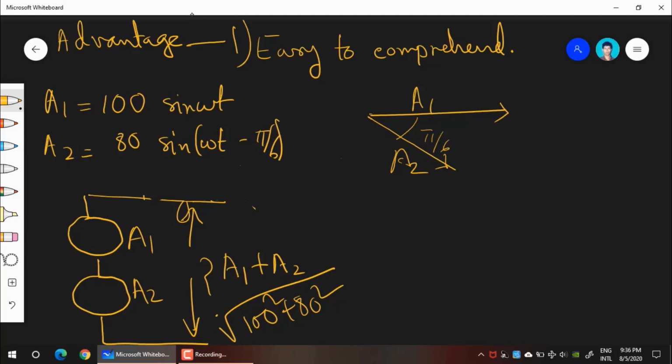As right now they are just like vectors, we can draw a line from the tip of this A2.